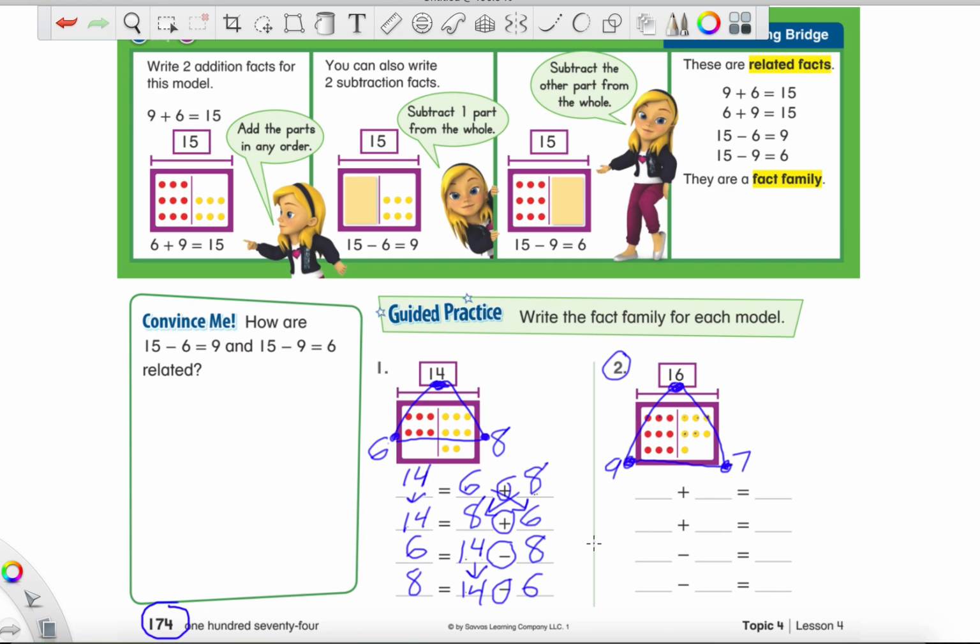Here's what I'm going to have you guys do. We're going to do parts at a time. So I want you to go through and do both addition first, to make 2 addition sentences for our fact family. Only the addition parts. All right, I'll give you guys a quick minute or two to do that.